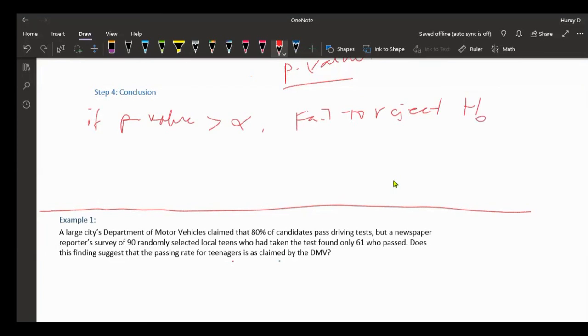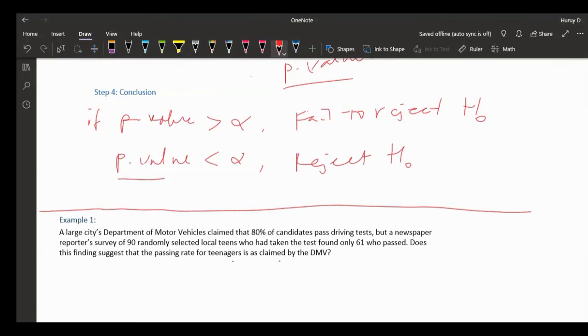If p value is less than alpha, then reject H sub naught. So this is the importance of the p value.